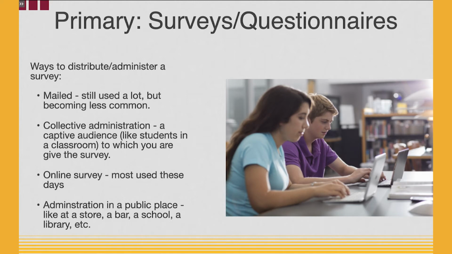You can do an online survey, and that's really the most used these days. And then finally, you can administer it in a public place, like in front of a post office or at a store and so on. People who happen to be in the vicinity of that public place take the survey.